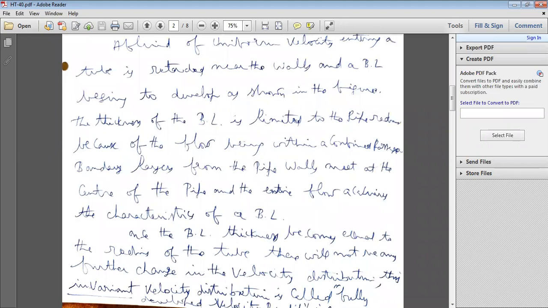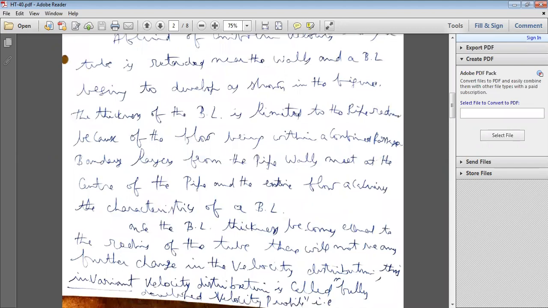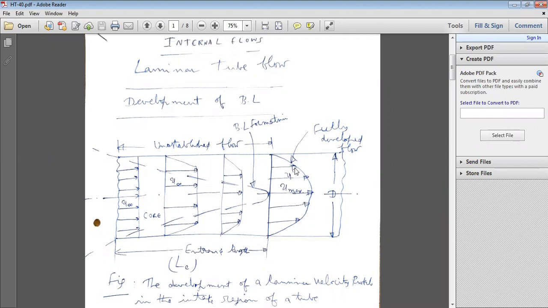This invariant velocity distribution is called the fully developed velocity profile. That's why this is fully developed flow.